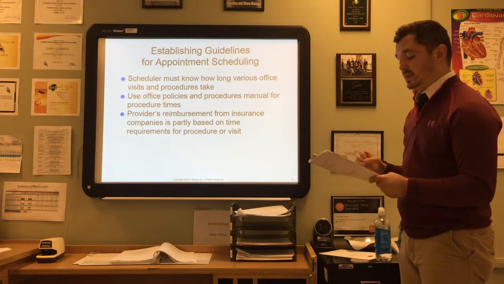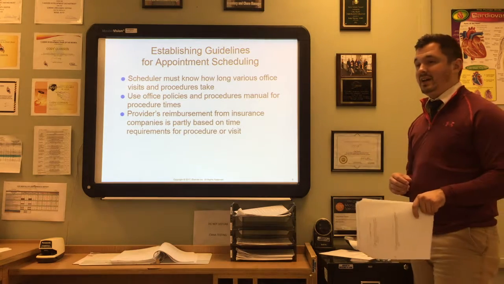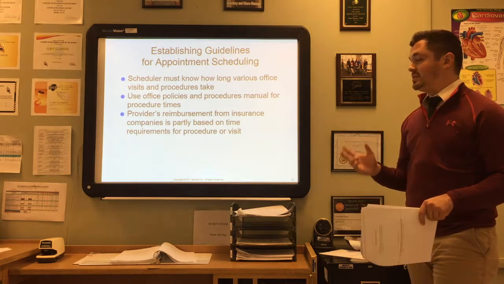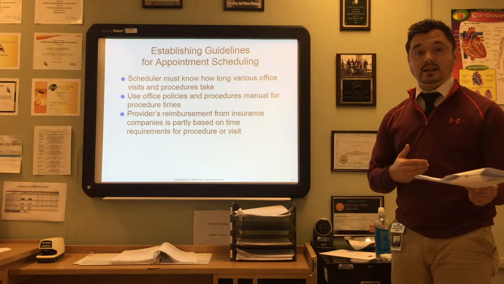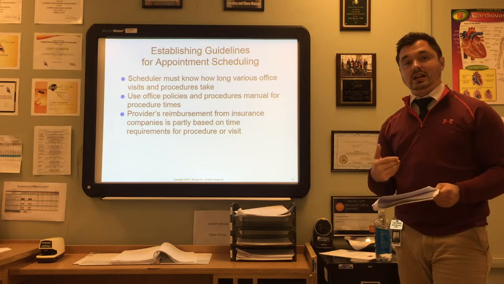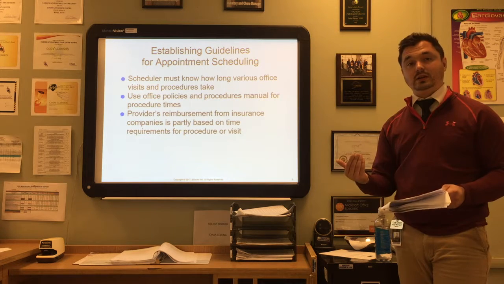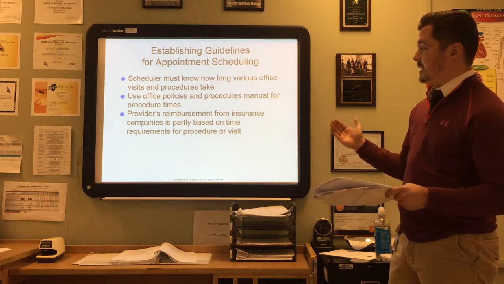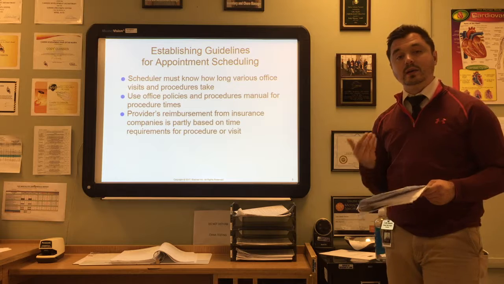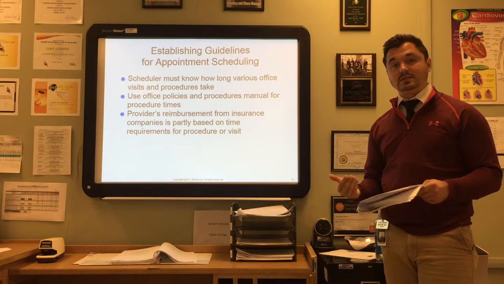The provider's reimbursement from insurance companies is partly based on time requirements for procedures or visits. For example, when I was an athletic training student going through college, I did clinical rotations in a physical therapy clinic. Physical therapists get reimbursed by patients' insurance companies based on the amount of time they spend on specific things or exercises.